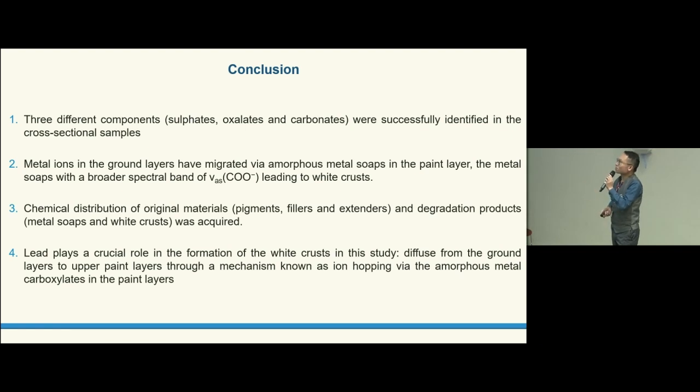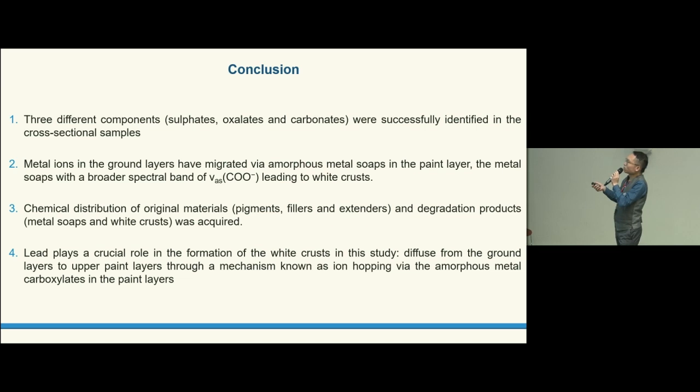So the conclusion: we successfully identified 3 components in the white crust layers, and we also visualized the mechanism that the metal ions diffuse from the ground layer to the surface layer using the ion hopping mechanism.